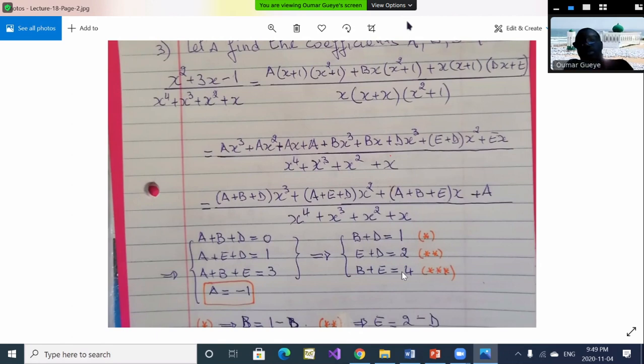Is it okay so far? Again, we have 3 equations with 3 unknowns.